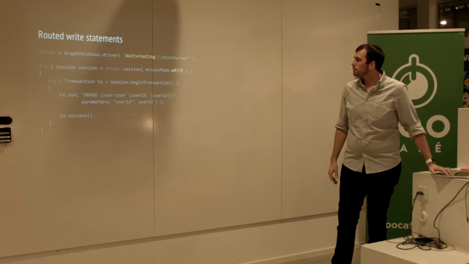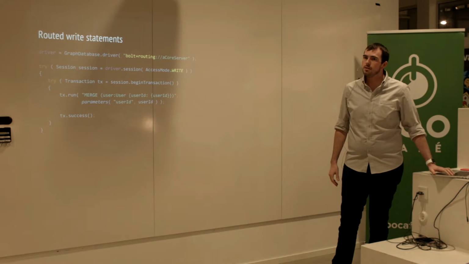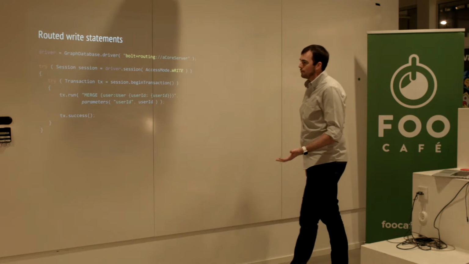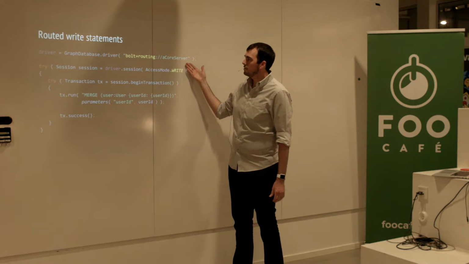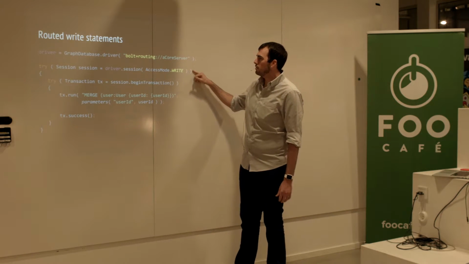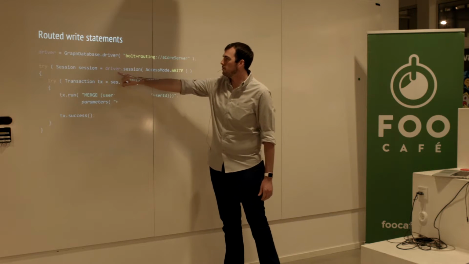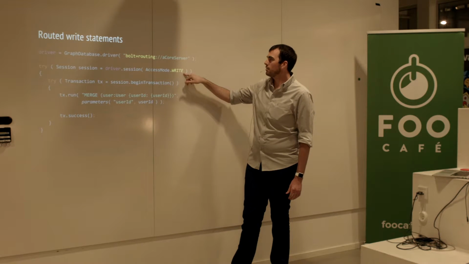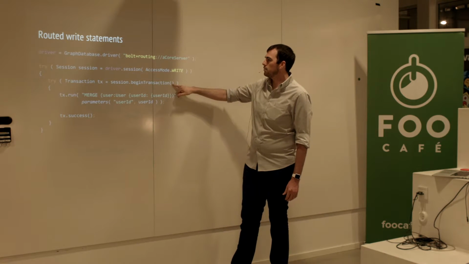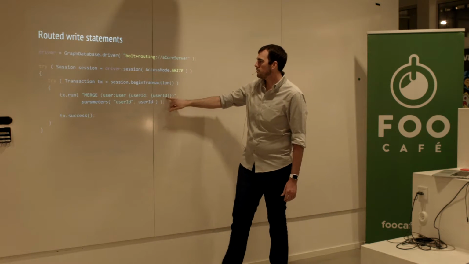So if you're going to do a write, this is Java code, but it's really simple. You create a driver, you open a session on the driver, you declare that you're doing a write, and you begin your transaction. You do your Cypher code in here.